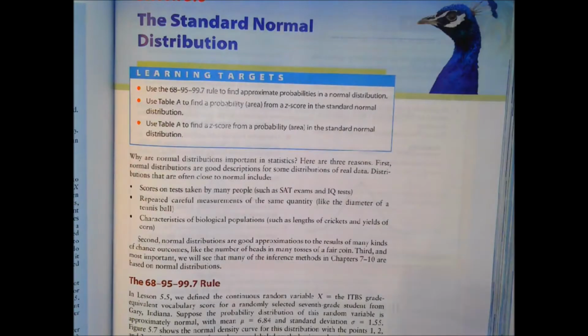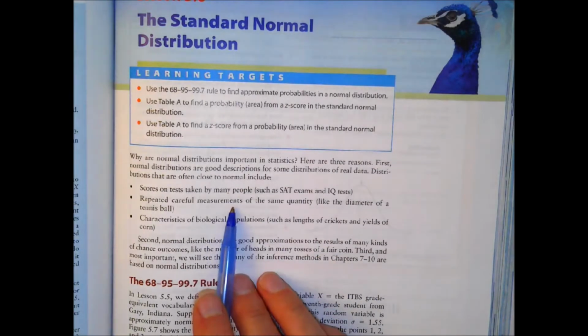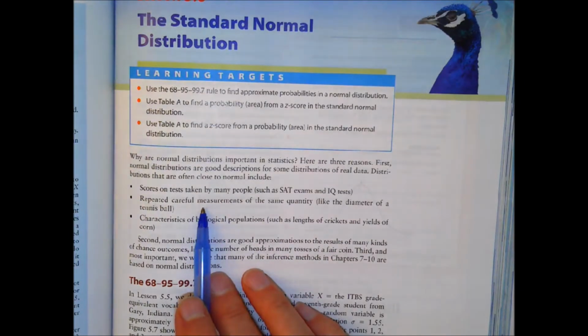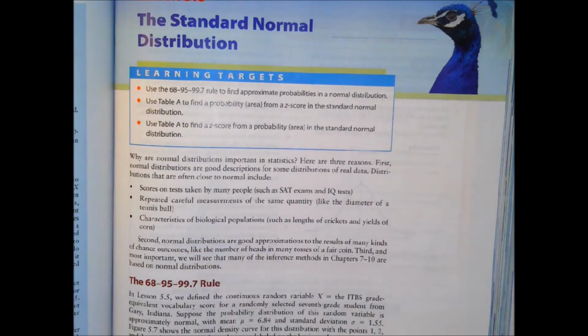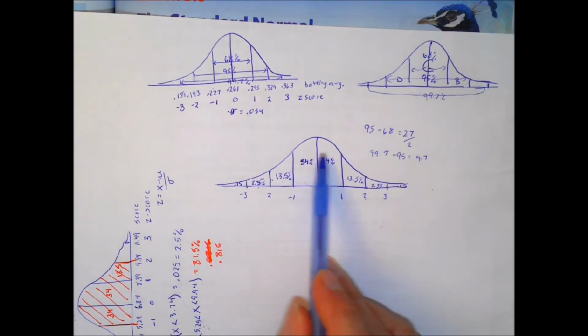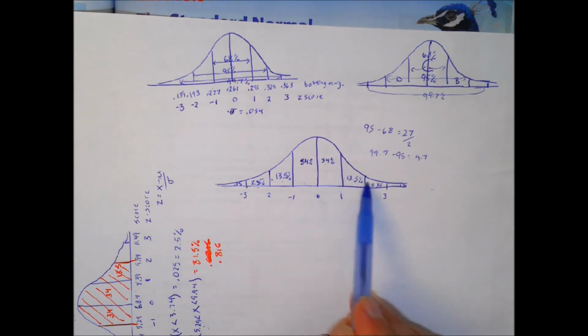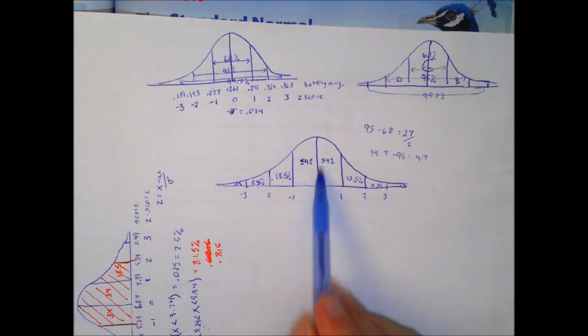If you take measurements of something, like the diameter of a tennis ball, it's not going to be exact. Every time you measure it, there's a little bit of error. Most of your measurements are going to be somewhere around the true measurement, but sometimes you might be off a little more and more. But the farther you get off from the real measurement, the less likely it's going to happen, right?